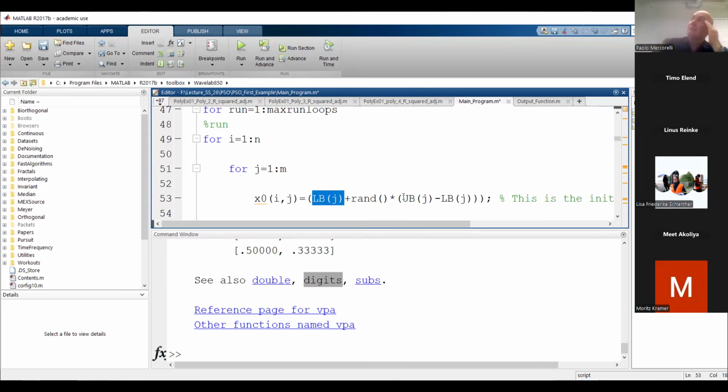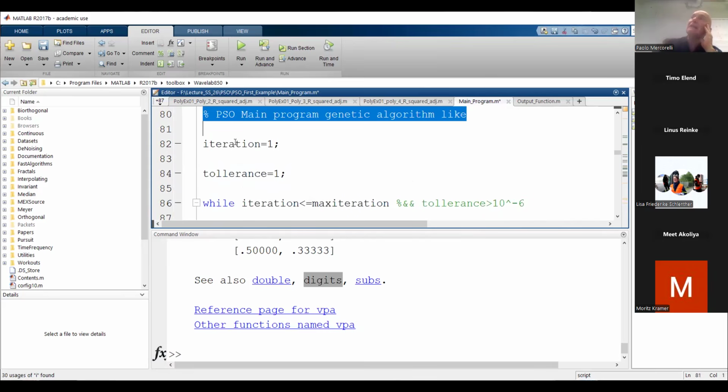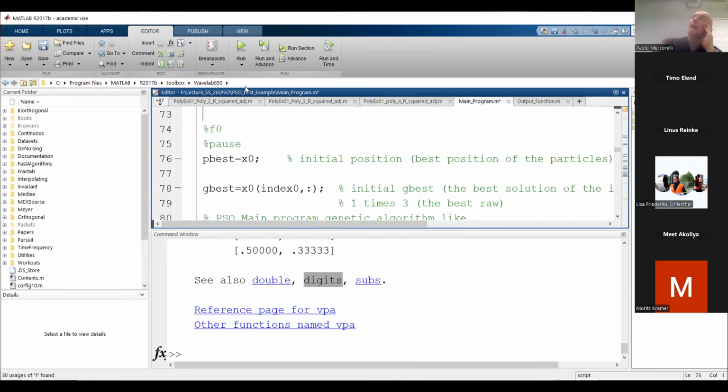This means that for each i, we have a full loop of j. I will obtain my search area, or better to say, I will fix randomly i and j, I will fix the particle in my search area. At the end of these two loops, I have randomly where it is.